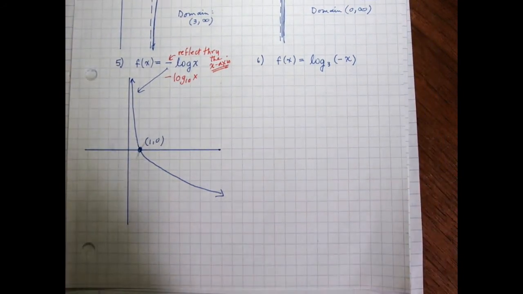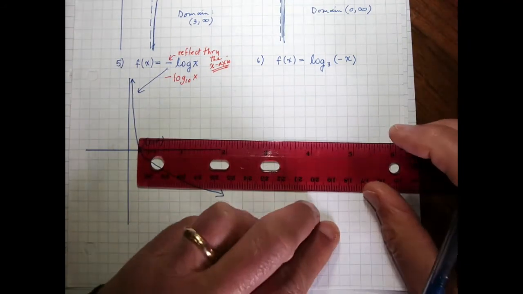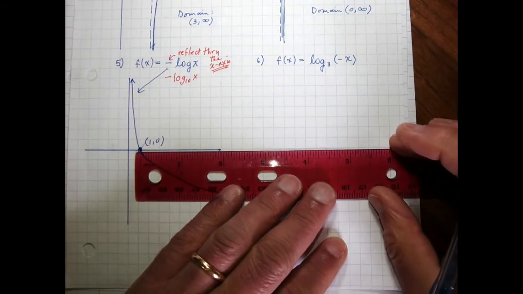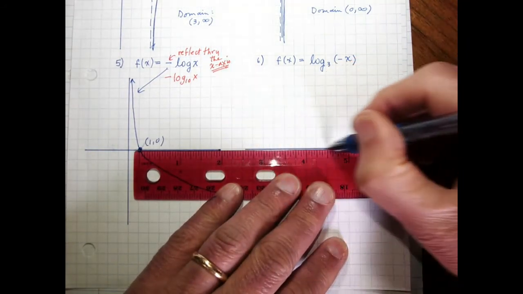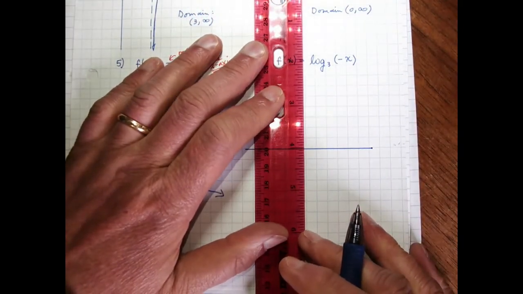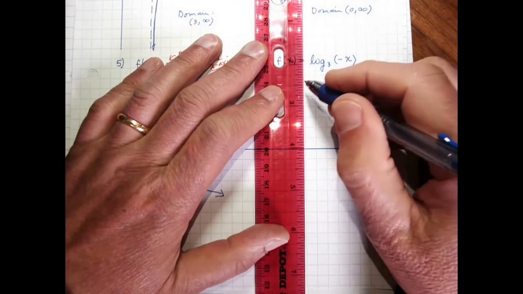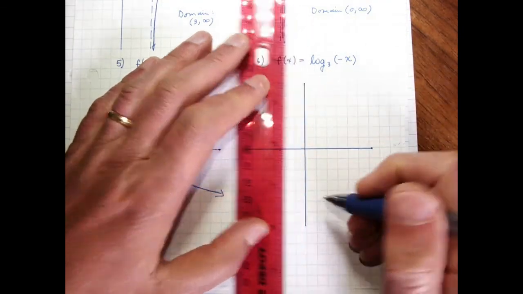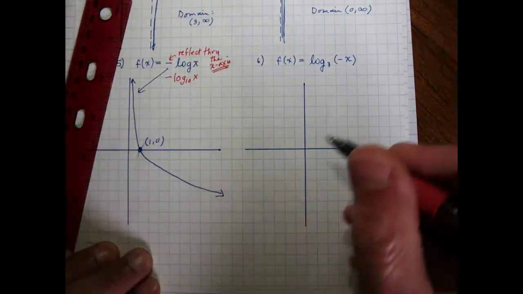Number 6, we have a minus x inside the log function. So that's also a reflection, but a different kind of reflection.